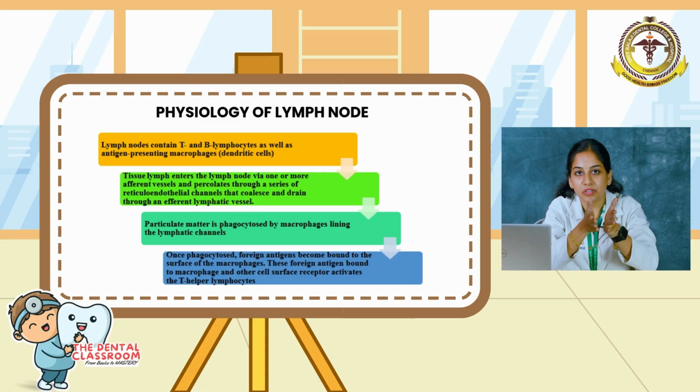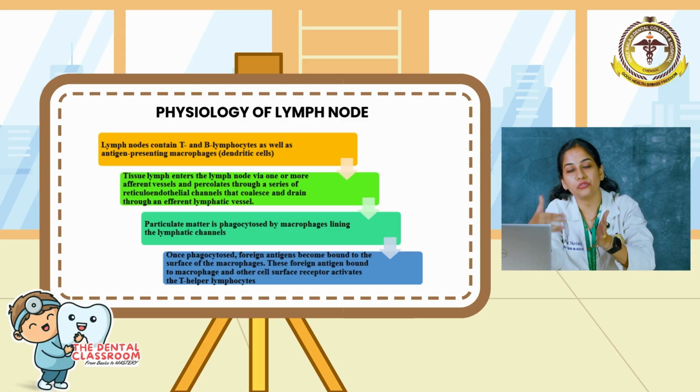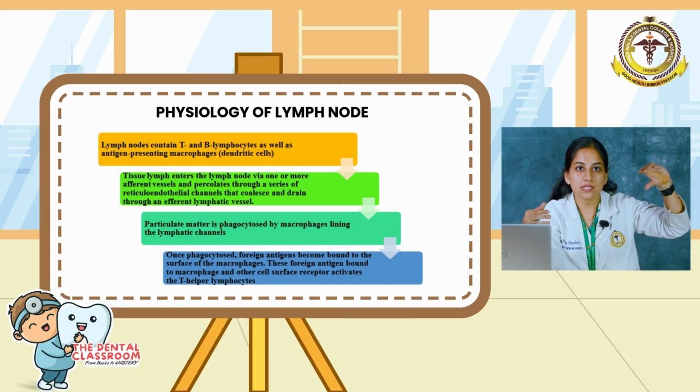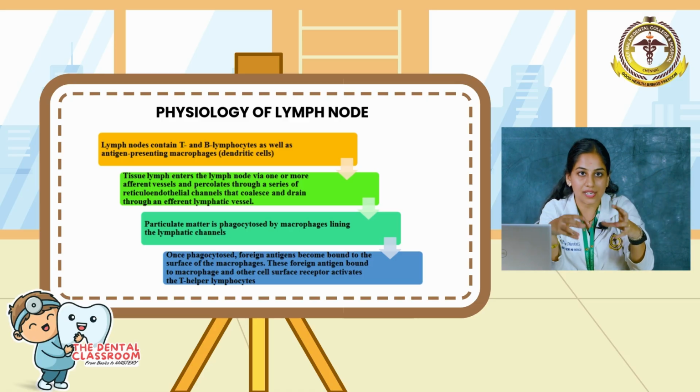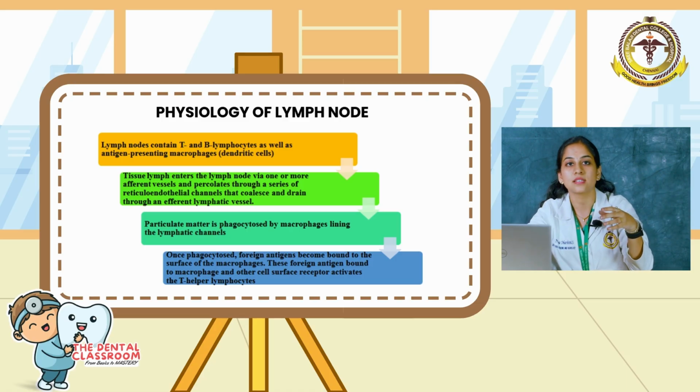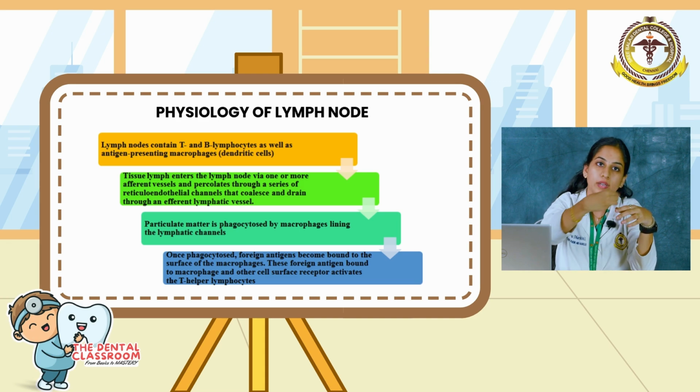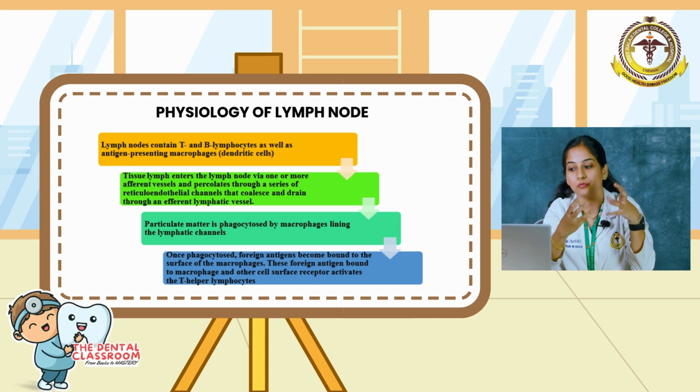The afferent vessels produce a space for the tissue lymph to go into. Then there is a coalescence, which means a joining of all these tissues, and it drains to an efferent lymphatic vessel. So it enters, it coalesces, and then it exits. This is how lymph fluid enters and passes through a lymphoid organ.